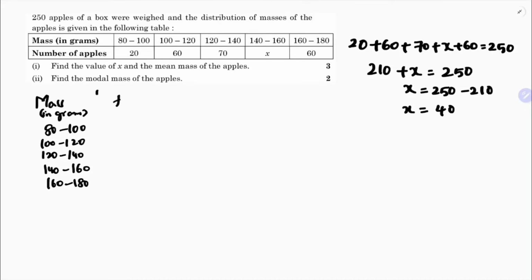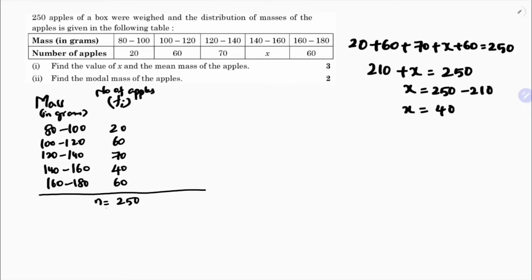And the frequency, that is the number of apples, is 20, 60, 70 and X, but X value we know, that is 40, and then the last one 60. So the total frequency is 250, or sigma Fi, you can consider N or sigma Fi.